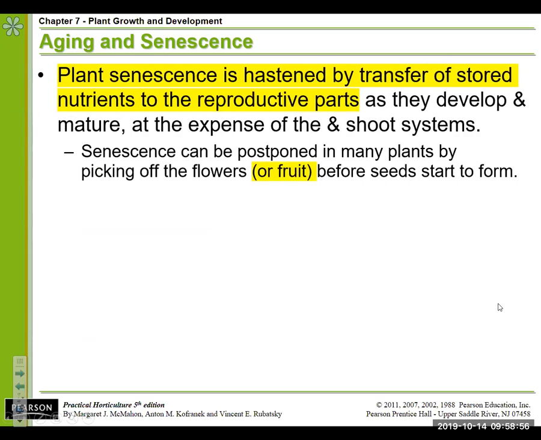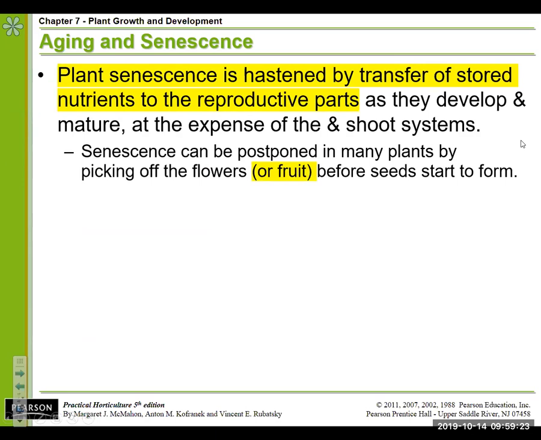In some cases, we actually try to hasten that senescence, and we look at that as the transfer of stored nutrients to the reproductive parts of the plants. We can also delay it in some cases by picking or pinching of flowers, or the removal of fruit before the seeds start to form.